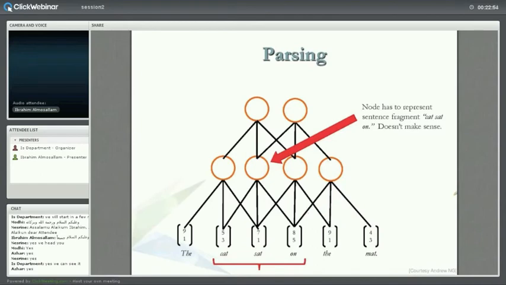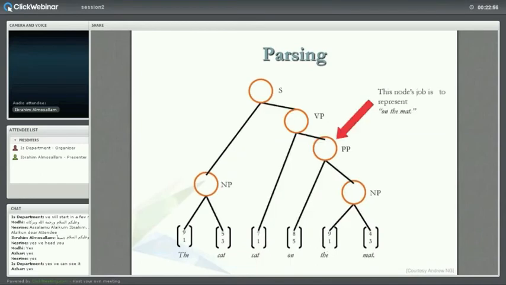And as you keep on doing this recursively, it learned how to parse this sentence. Obviously, it didn't know this is a prepositional phrase, or this is a verb phrase, or a noun phrase. This is done after the fact, after they've looked at the results. So they saw, oh, this is a verb phrase, this is a noun phrase, and so on. But it did learn that in an unsupervised fashion.